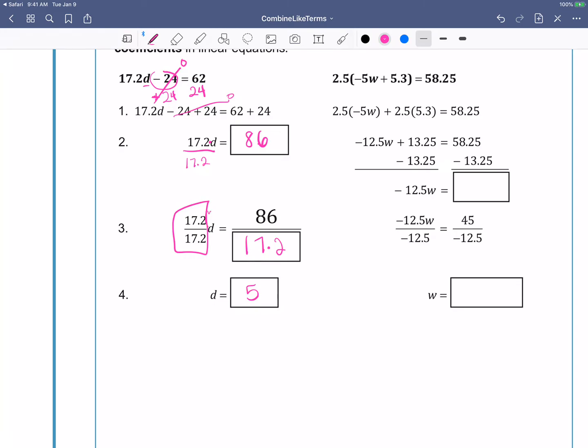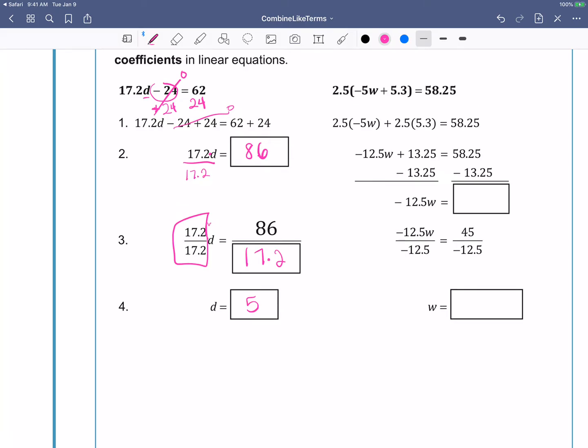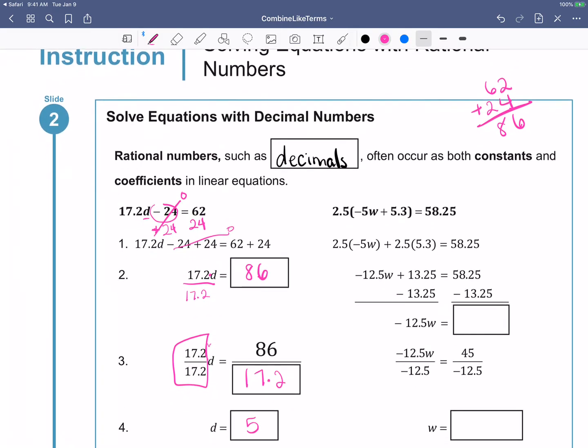Okay, now I have the same thing. This one has a little bit more of the steps worked out. This one I have to do my distributive property. Okay, so I have to distribute that, they did right here.